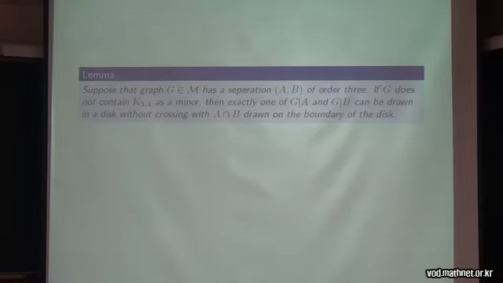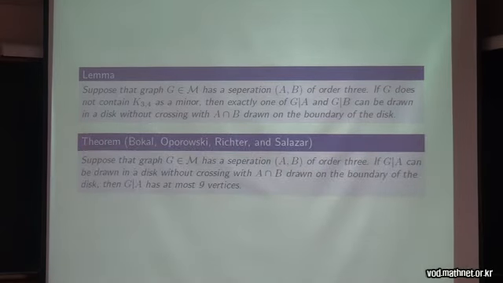So if K34 is not a minor of a graph G, then exactly one of G restrict A and G restrict B can be drawn in a disk without crossing. And by the minimality, the planar part of this separation has at most 9 vertices.